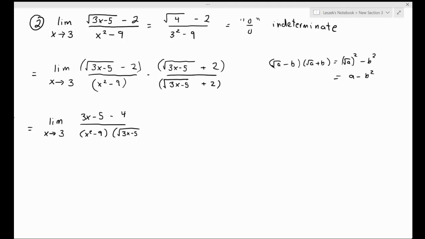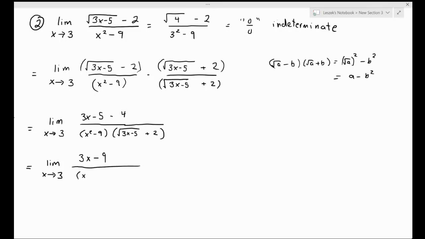Now we're simply going to leave the factor, that conjugate, alone in the denominator, because we anticipate that when evaluating the limit directly as x goes to 3, that factor, square root of 3x plus 5, plus 2, will be not 0, right?